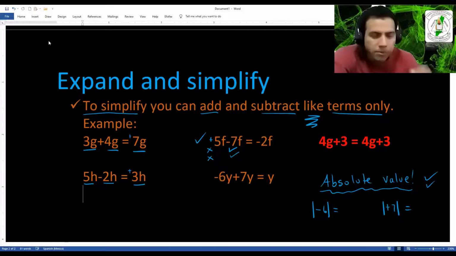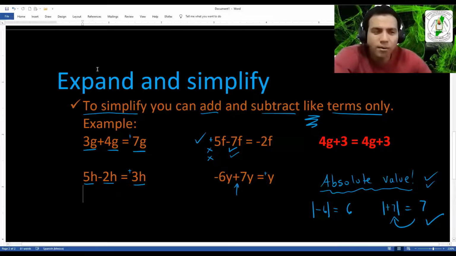So the absolute value of any number is always positive. So this is 6 and this is 7. Which one is bigger? Well, this one is bigger. So we take the sign of this guy. So we take this sign right here, and that is positive. So that's the idea of the absolute value.